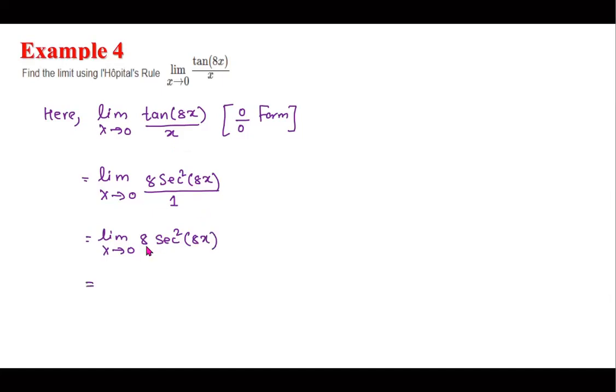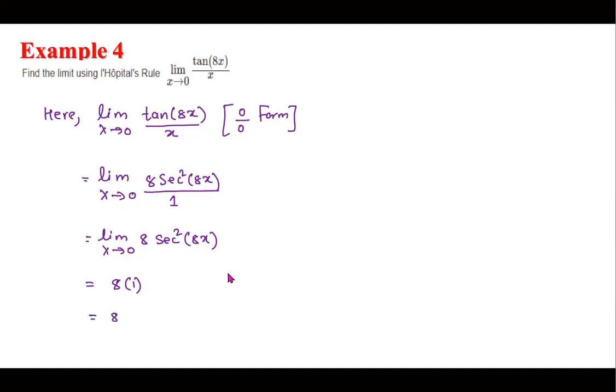Now, if you use the constant rule, that constant will remain as it is. And as x approaches 0, we plug in 0. So that becomes 8 times 0, which is 0. Secant squared 0. You know that secant 0 is 1, so 1 squared is 1. So 8 times 1. So that limit will be 8.